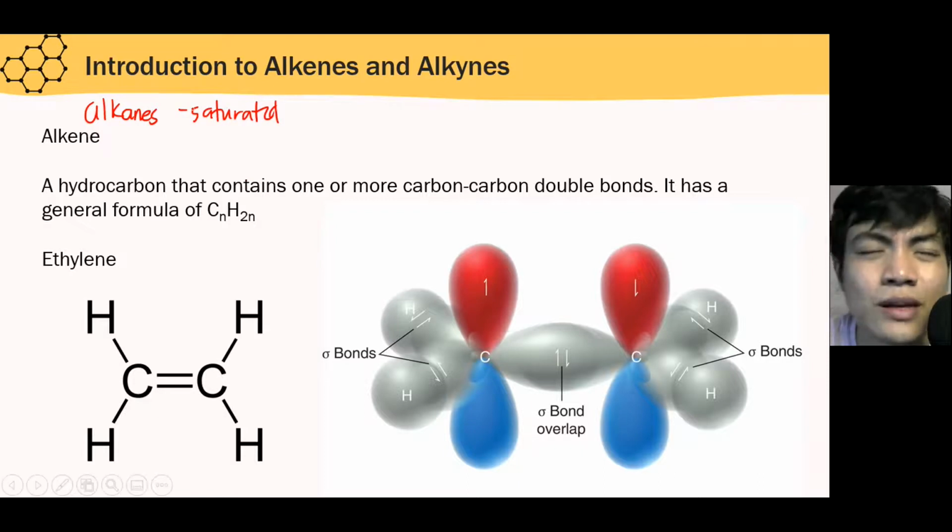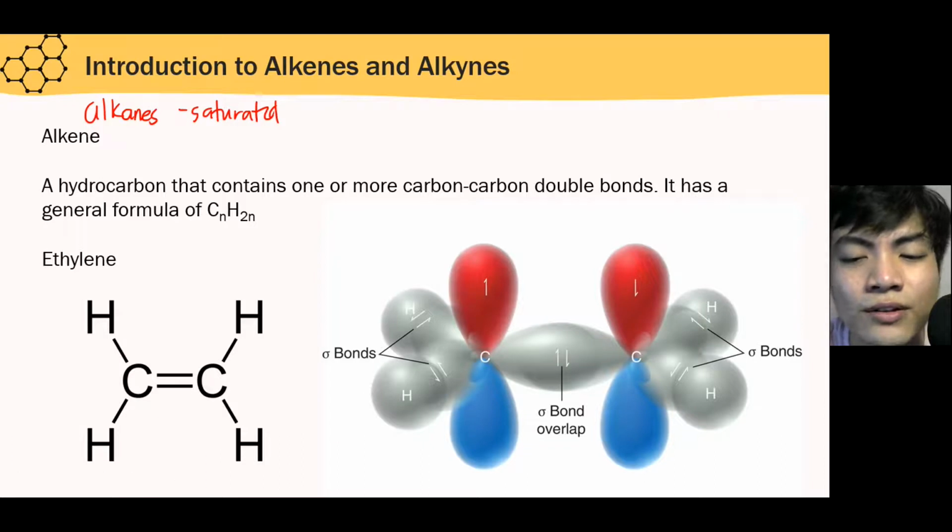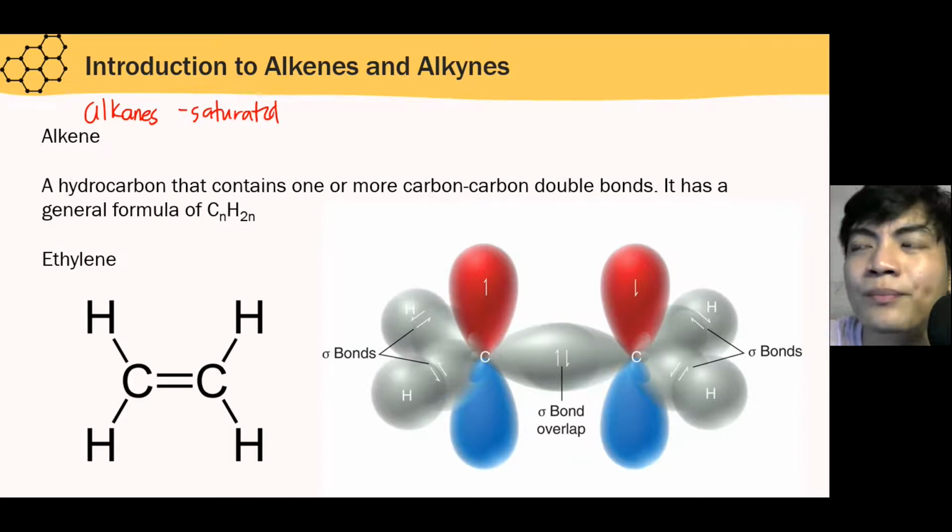When we say saturated, it means that all the possible bonds of the carbon are utilized. Meaning, if it is tetravalent, the carbon is bonded to four different atoms. That is the meaning of saturated. Your carbon is bonded to four different atoms. So that's the saturated hydrocarbon.